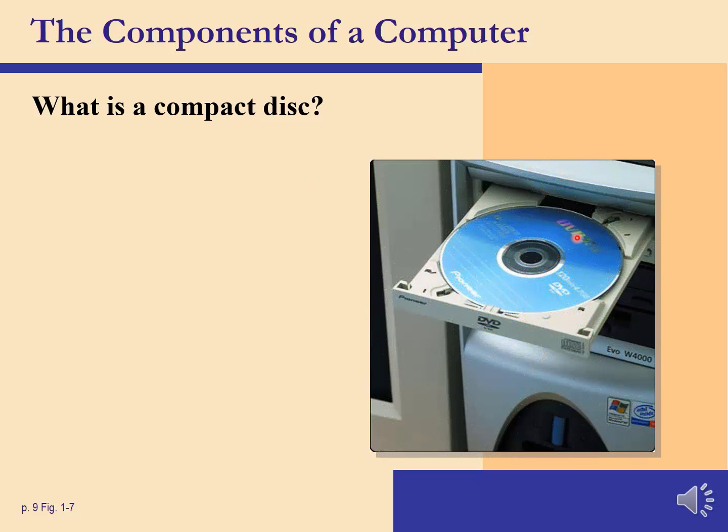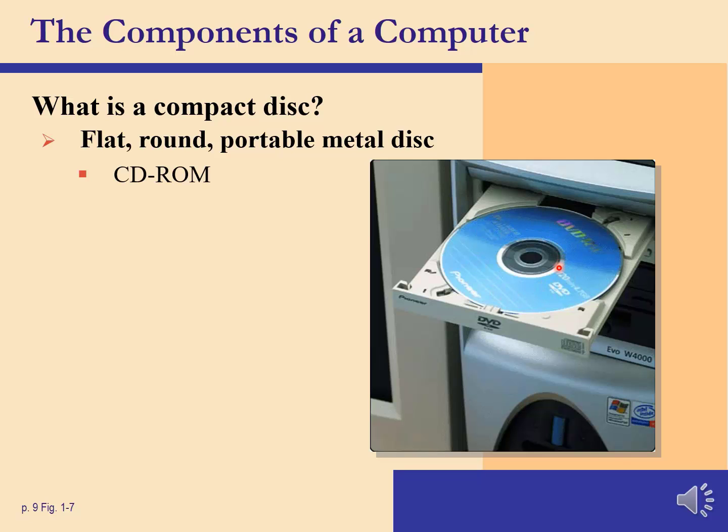Compact disk. This is called a compact disk. It is a flat, round, portable, metal disk. These are different types of compact disk. Some types are read only and others are read and write.